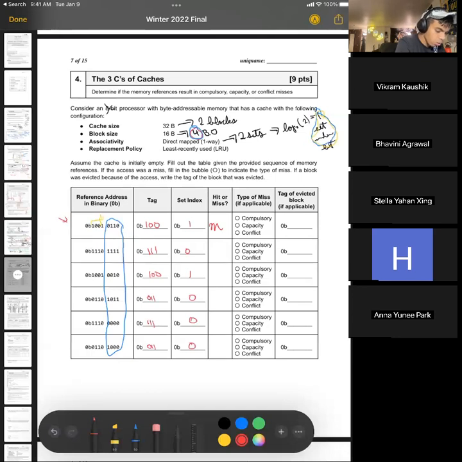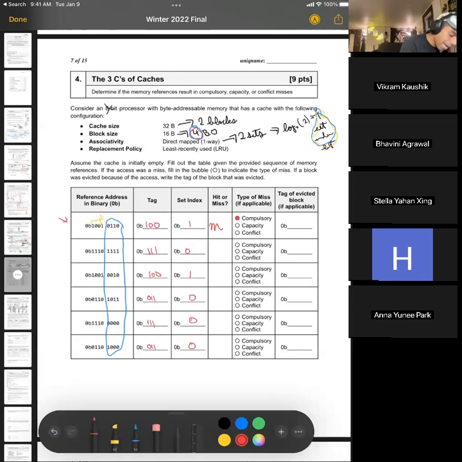And so what type of cache miss is this? As we were discussing earlier, a compulsory miss is a type of miss when I've never accessed a block before, or that specific tag and set index block. And so as a result, I get a miss. That's the scenario for this particular case.